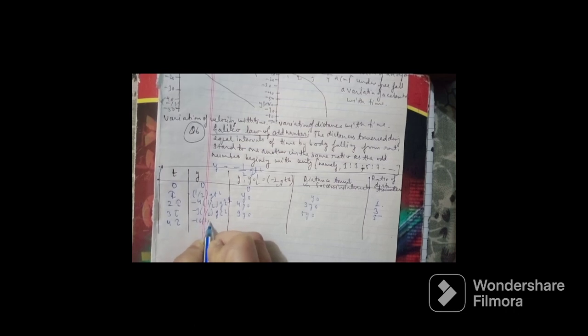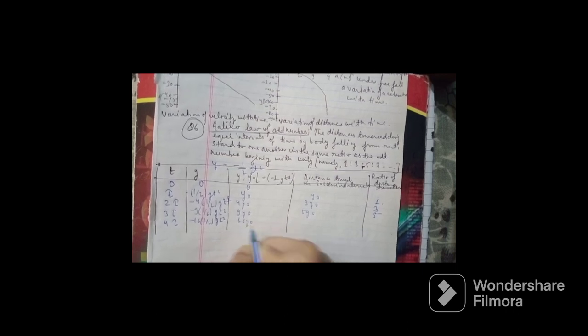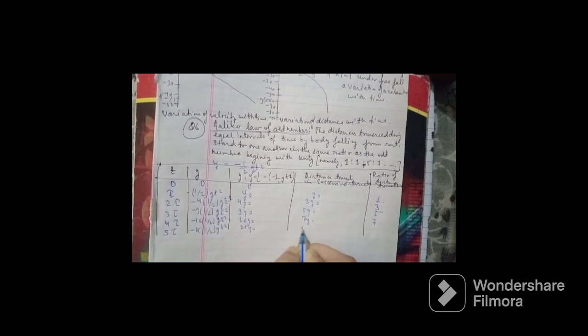Then 4 tau, minus 16 times 1 by 2 g t square, 16 y naught, 7 y naught, and this is 7. This is 5 tau, minus 25 times 1 by 2 g t square, 25 y naught, 9 y naught, and 9.